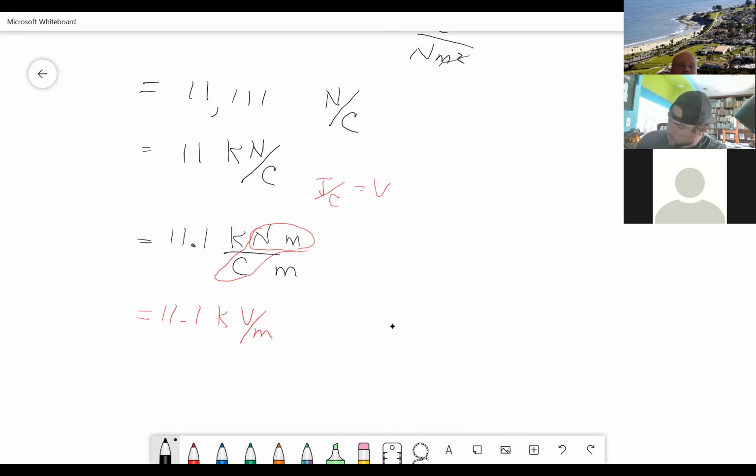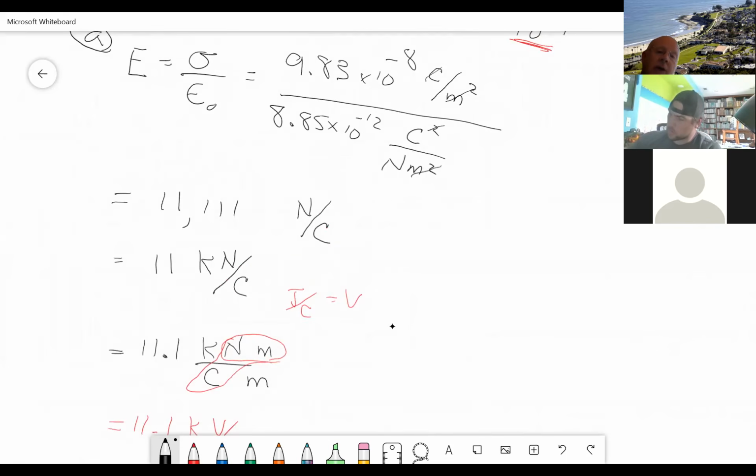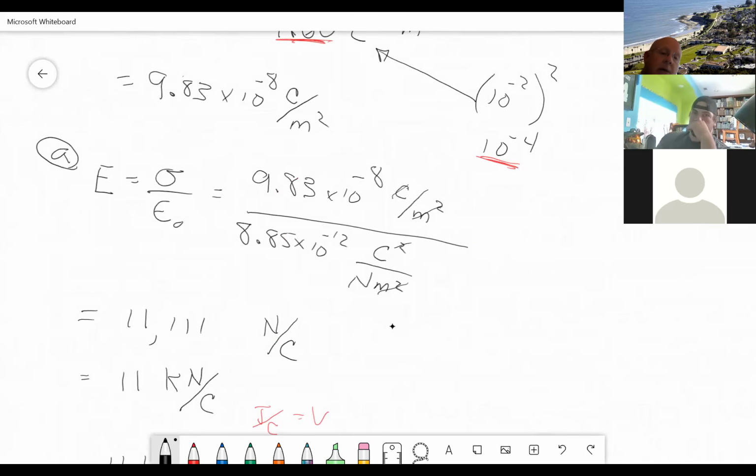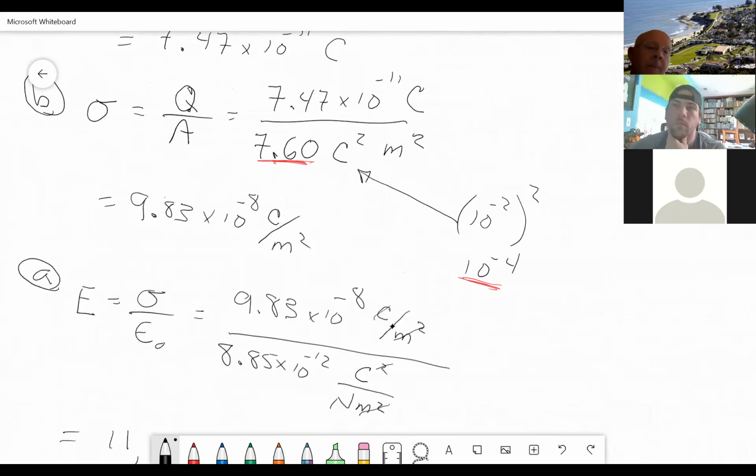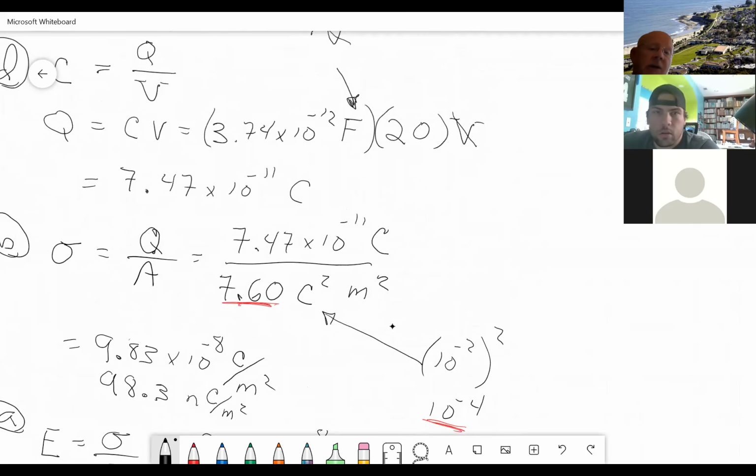So I'll just go back and say, okay, when you look at the solution, you'll see that they write this one here as 98.3. So making that bigger made that smaller, made it 10 to the minus 9th, and that's a nano. Yeah, and then they wrote this as a 74.7, so they made it bigger and smaller, so that would be a pico.